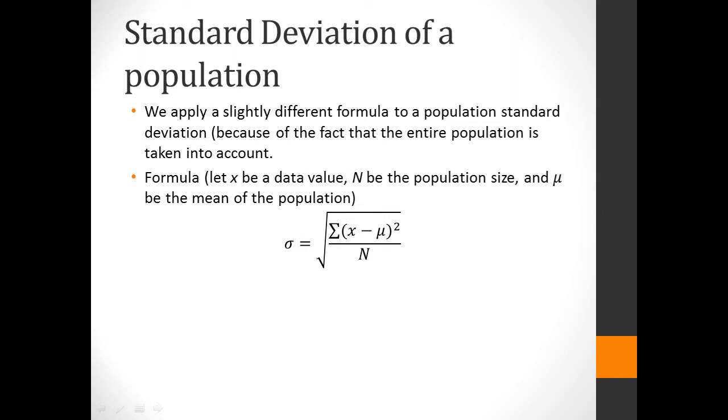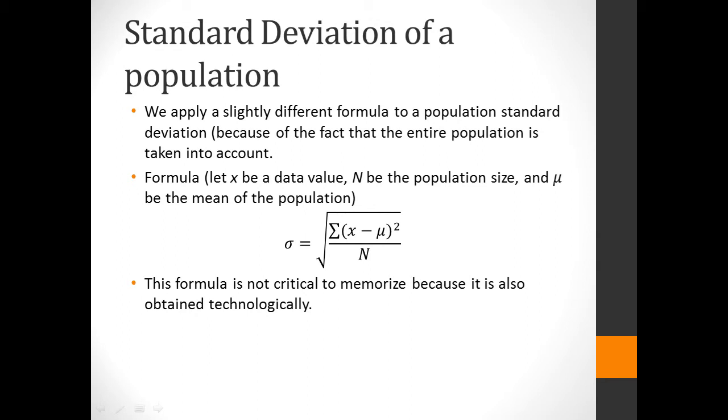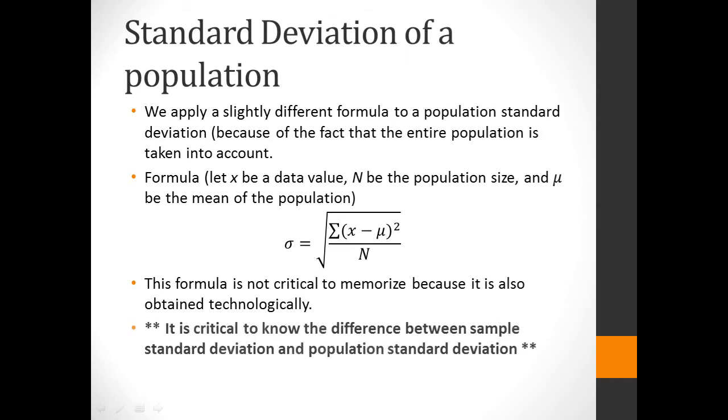Instead of S here for standard deviation of a population, we use the small letter sigma. It's a Greek letter, the lowercase sigma. Again, not critical to memorize it because we obtain this technologically. In fact, in the TI-84 calculators, it's going to be critical for us to be able to tell the difference between the sample standard deviation and the population standard deviation.